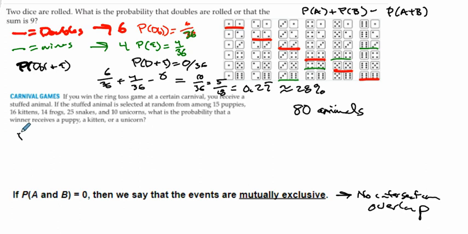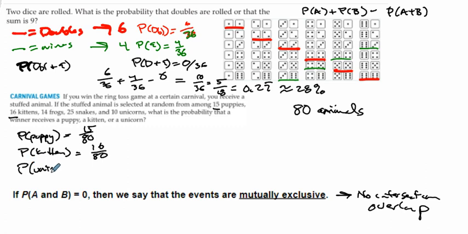So if you want to find the probability of a puppy, that would be 15 out of 80. The probability of a kitten would be 16 out of 80, and I'm just reading this right off here. And then the probability of a unicorn, love that they have unicorns, it's 10 out of 80.